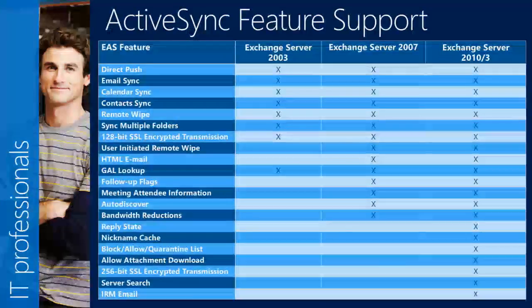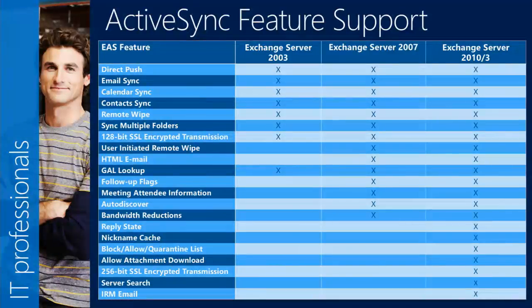ActiveSync functionality supported is dependent on your Exchange server. When you go to Exchange Server 2010, 2013, that's what the /3 means, then you get the most functionality in terms of EAS policies or EAS functionality, sync capabilities supported. We support EAS 14.1, which is the latest version of the Exchange ActiveSync protocol.